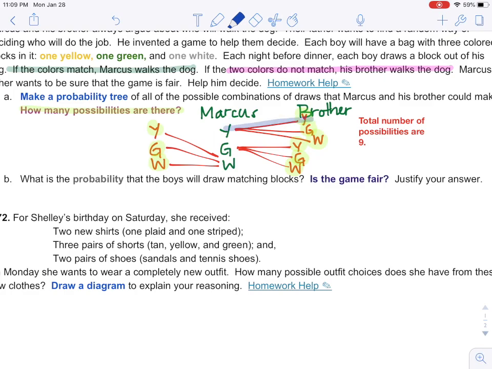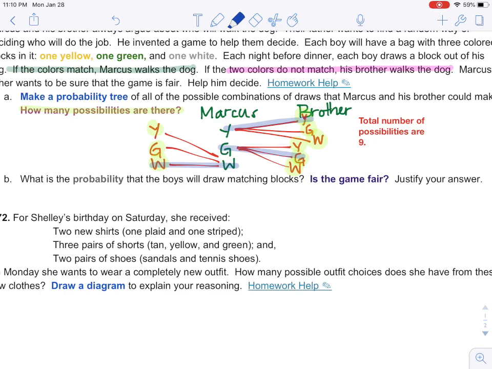So that's 1 possible outcome out of 9. If he draws a green and his brother draws a green, that's another matching combination. There are no other matching combinations for yellow, since there's only 1 yellow there. So yellow with yellow, green with green, and the last would be white with white.